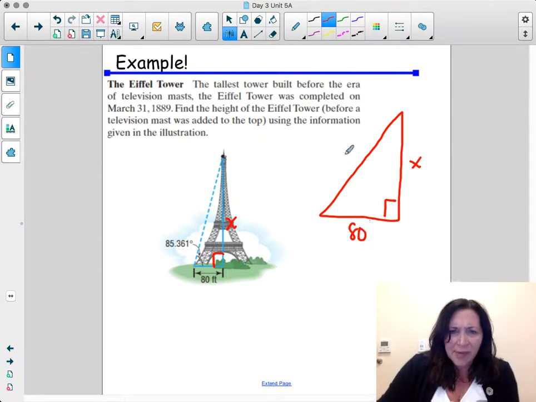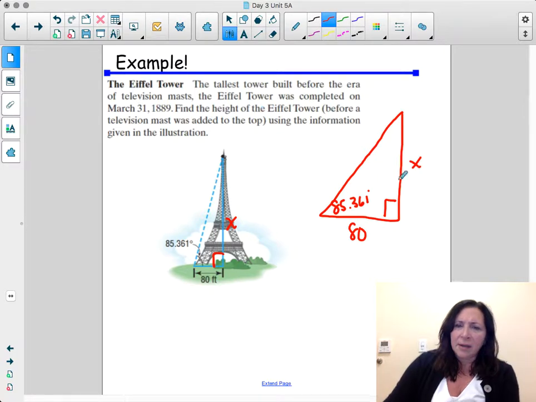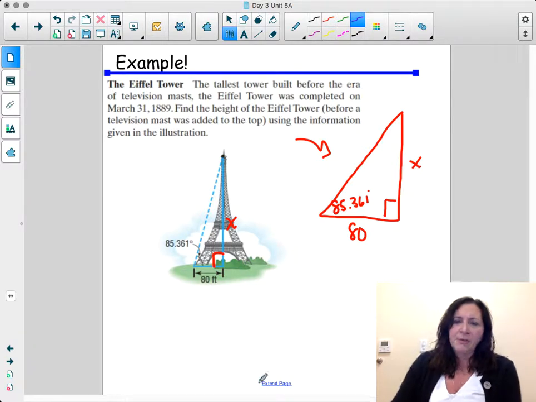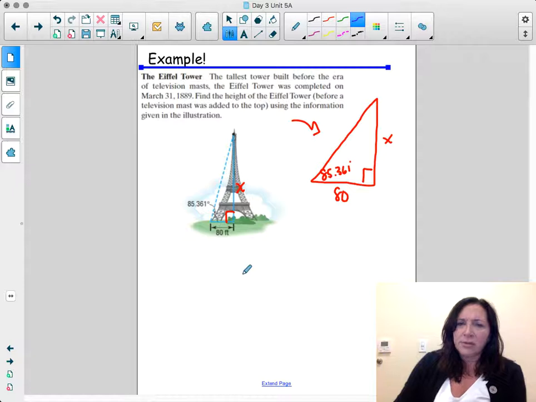Half of this is 80, and this angle of elevation is 85.361 degrees. And what they're looking for is to find the height. Well, I don't have the hypotenuse. So if I don't have the hypotenuse, I can't use sine or cosine. So I'm just going to use tangent.